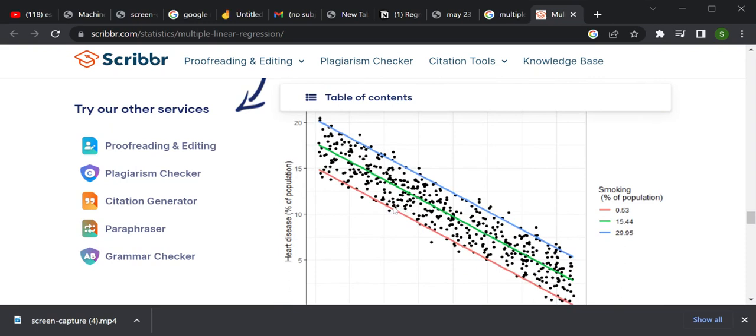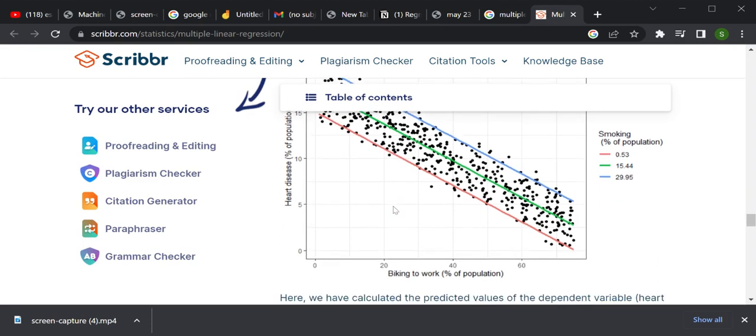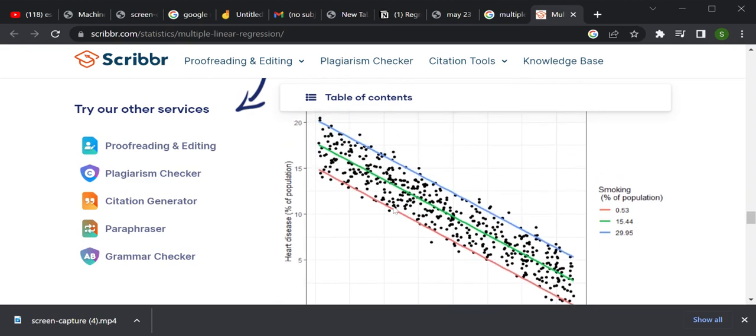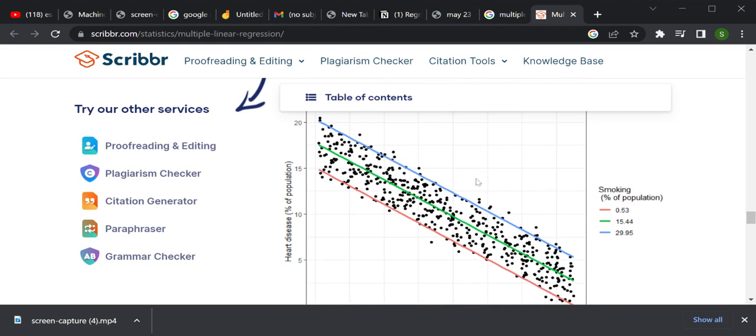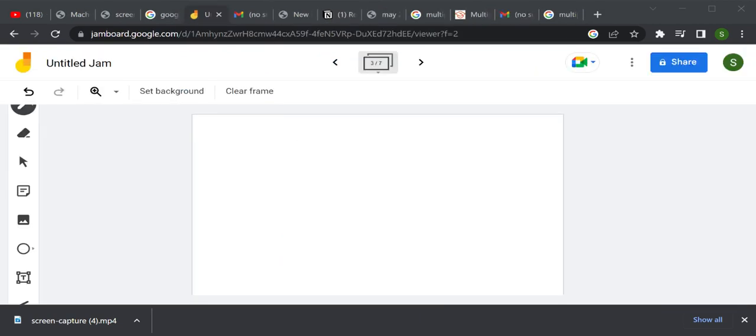Now, if you are smoking, then you will have a high rate of heart disease, and if you are going by bike to work, then you also have a high rate of disease. So this is what it shows. But it is not a very good example. I will take another example for this.